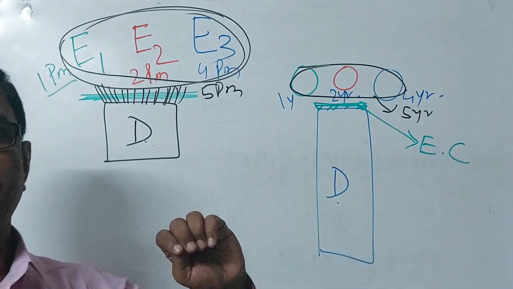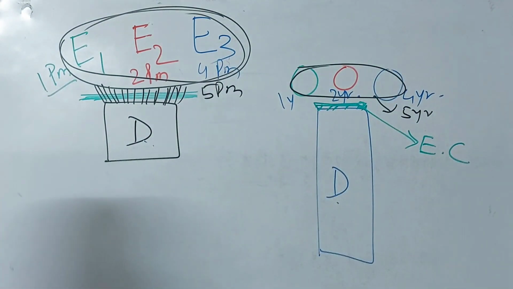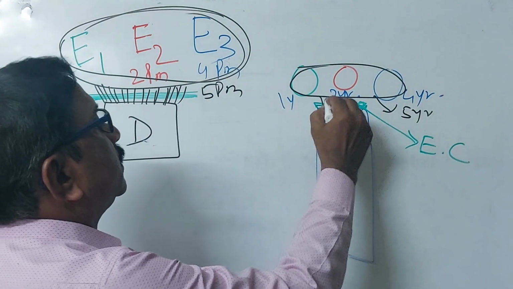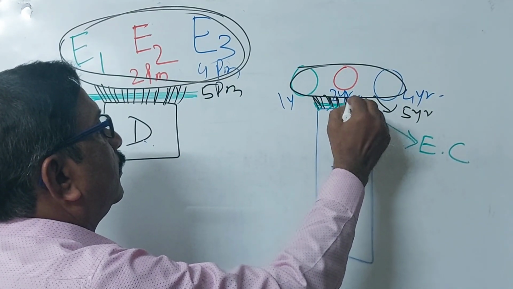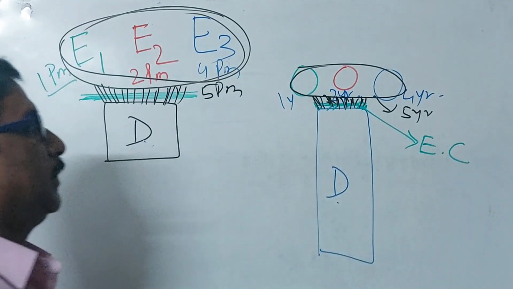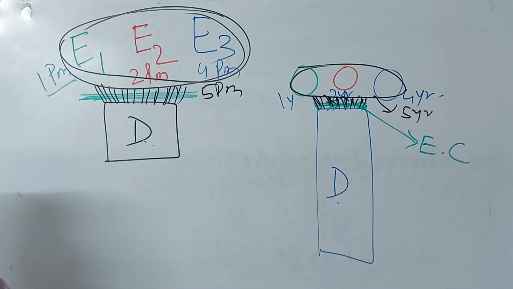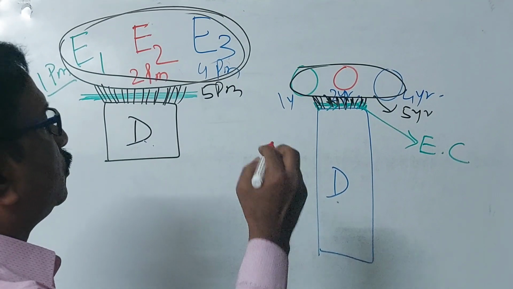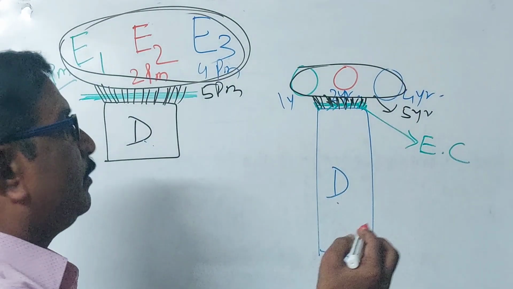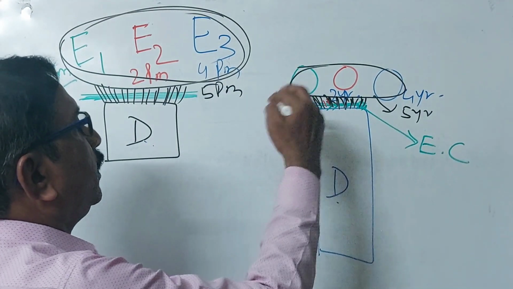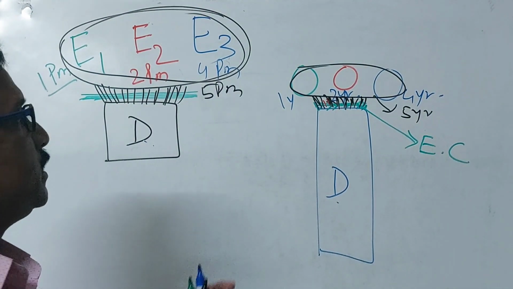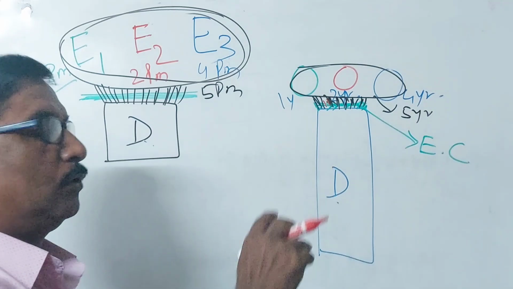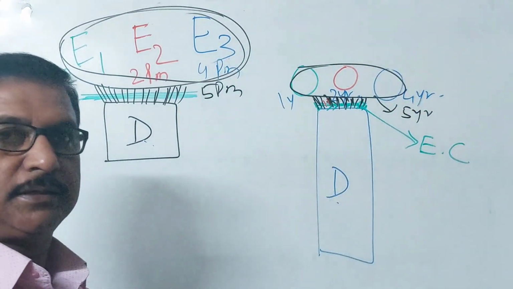They fuse together and then they unite with the diaphysis, and at about 18 or 20 years, this union is converted into bone, that is synostosis, and the bone becomes mature.